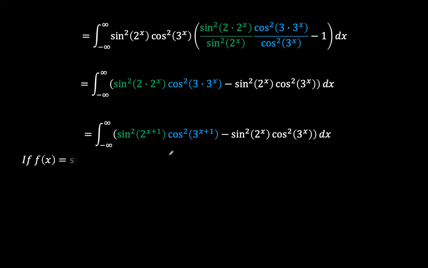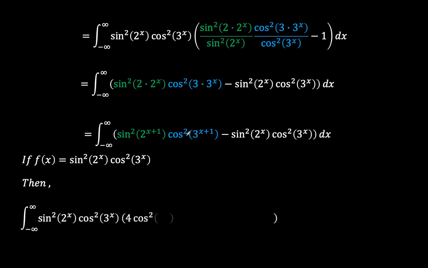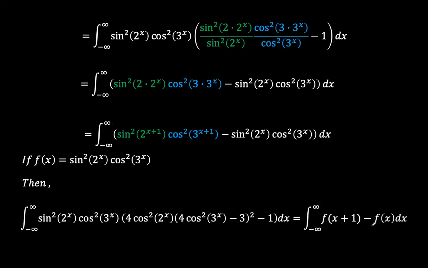So if we say f of x is sine squared 2 to the power x times cosine squared 3 to the power x, then our integral, which is the same as that complicated integral we were given at the beginning, is the integral from x equals negative infinity to positive infinity of f of x plus 1 minus f of x.